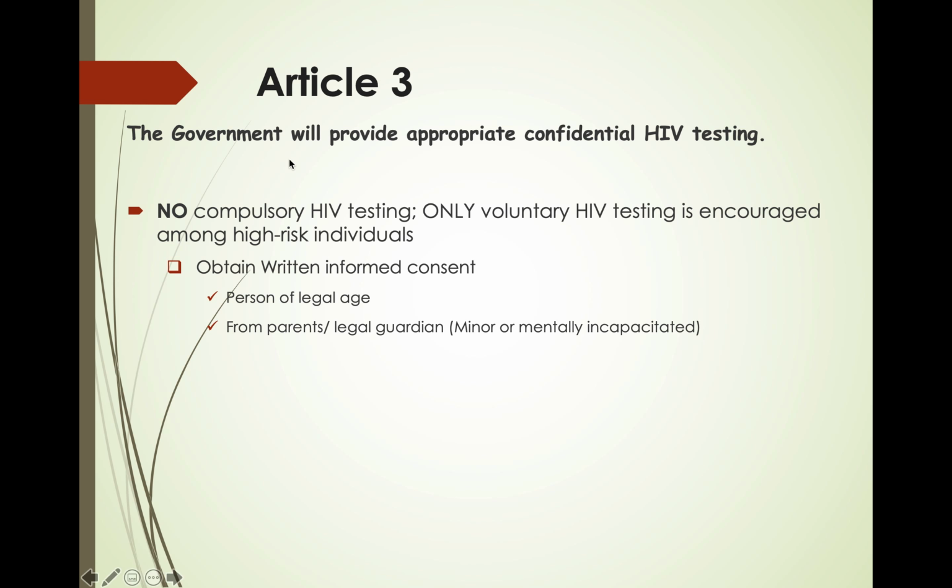When it comes to the legal age, I will also be discussing something later on, because in another law, there's actually a repealed version of this law already that allows individuals as young as 15 years old to have their HIV testing without parents' consent or even guardian consent.